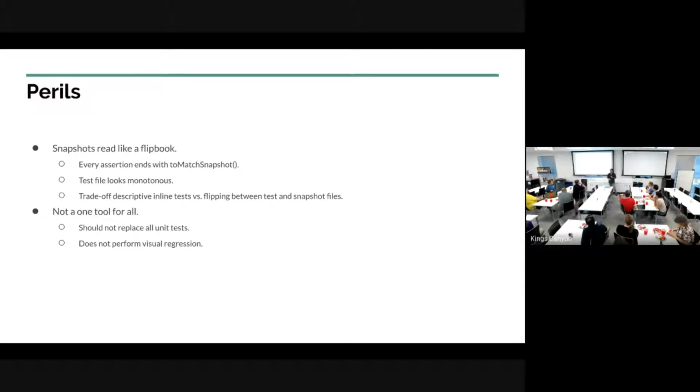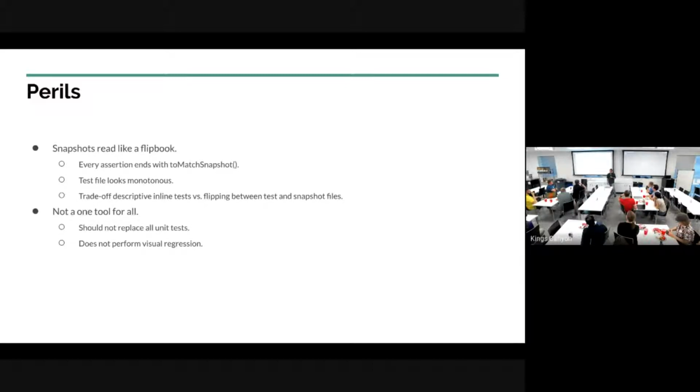So now with the inline snapshots, it's a little easier, but traditionally it was in a separate file. So it could be kind of hard to read, and the test file looks very monotonous. Also, if it's on a separate file, you're actually flipping between your test file, your test spec, and your snapshot file, constantly back and forth.